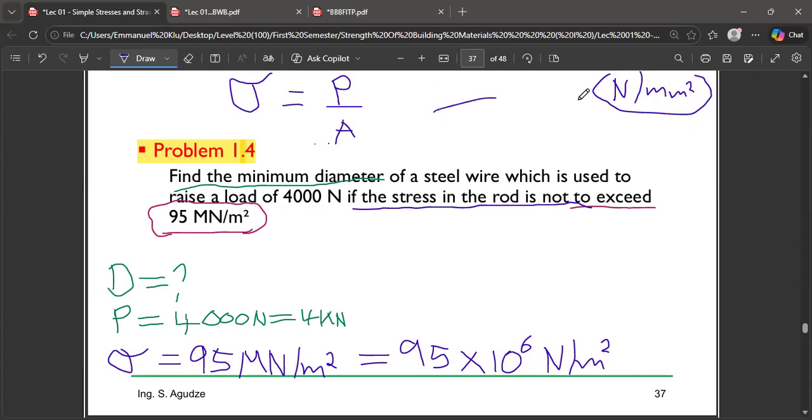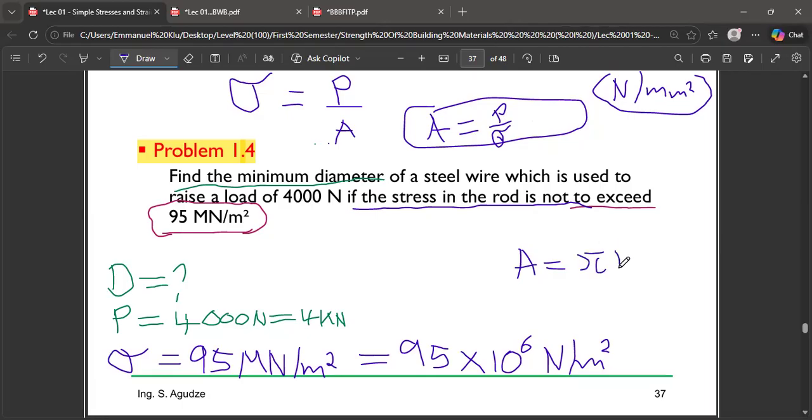At the end of the day, area is equal to P over the stress. If we are able to calculate area from here, then we can calculate D from this formula: A is equal to pi D squared over 4.